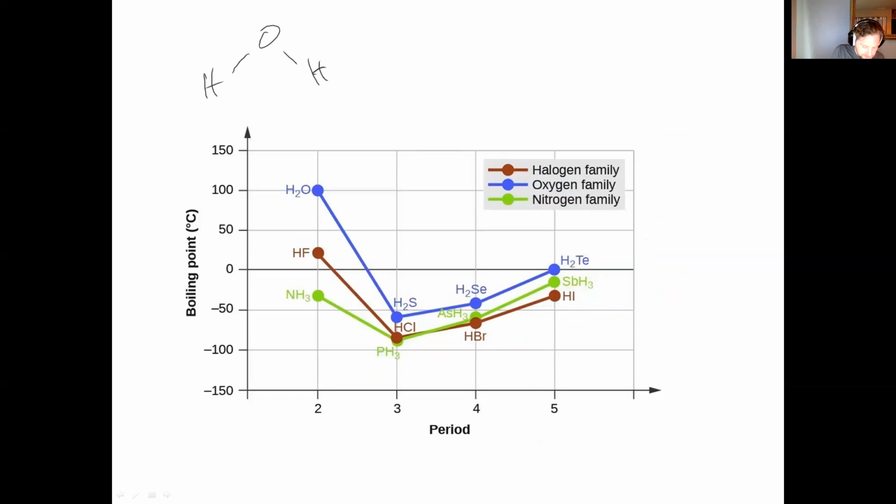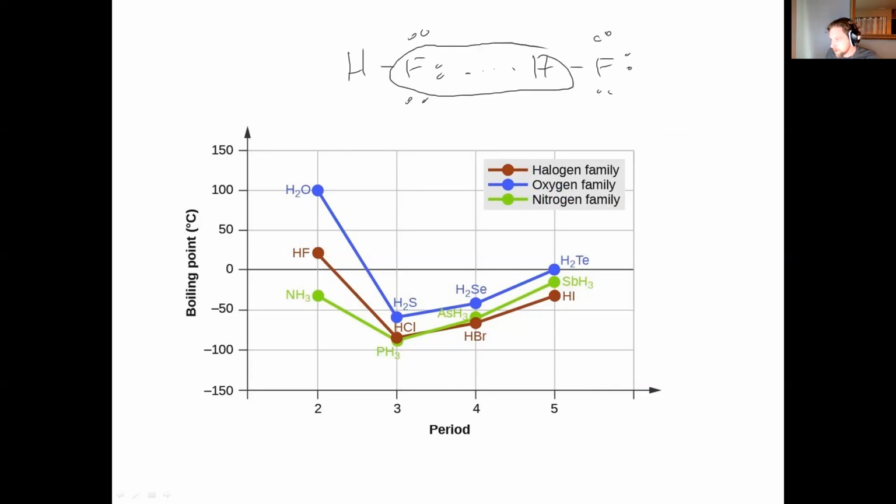We did have a quick question, so let me try and draw my Lewis structure a little bit better. HF has, the fluorine has 3 lone pairs, but there's only 1 hydrogen. So if I were to draw HF next to another HF, there's still only 1 hydrogen bond occurring between these molecules.